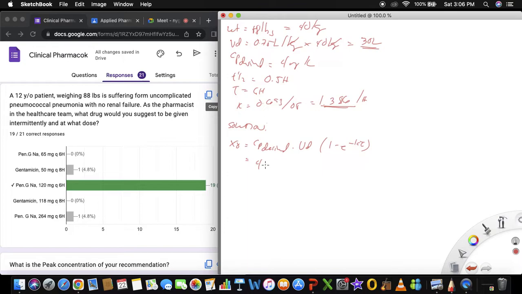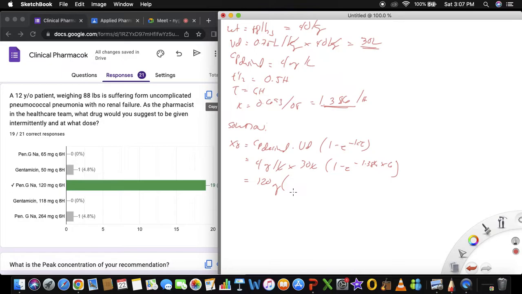That's 4 milligrams per liter times 30 liters multiplied by 1 minus e to the negative 1.386 times 6 hours. 4 times 30 is 120 milligrams, cancel liter.